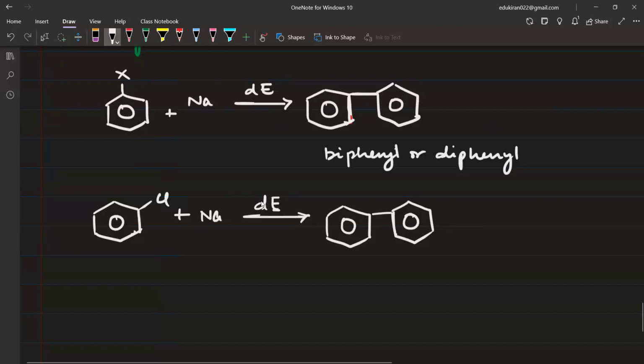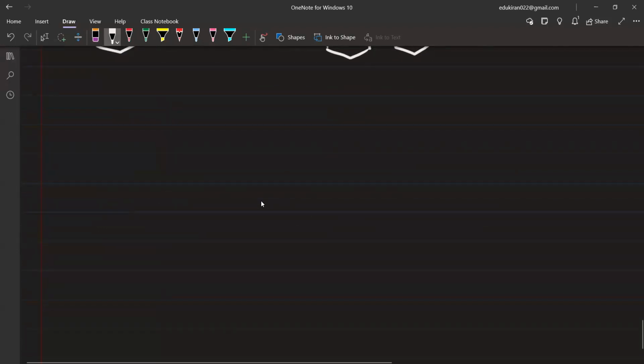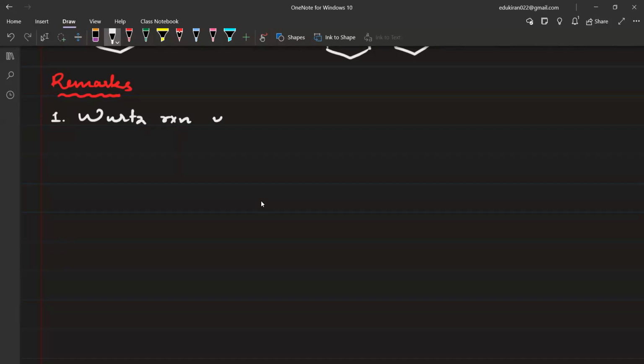Moving on, please write some remarks. Number 1: Wood's reaction is not done with two different alkyl halides.